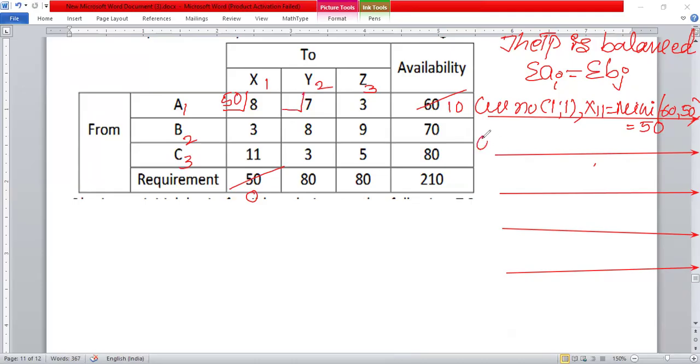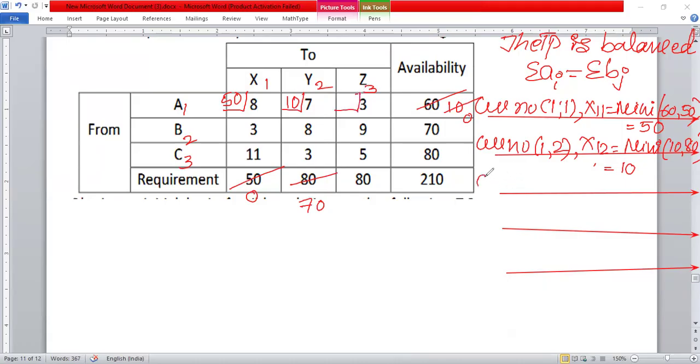Cell number 1, 2. So x12 is equal to minimum of 10, 80. The minimum is 10. So 10 minus 10 is 0, and 80 minus 10 is 70. Now column 0, we'll move on to row.